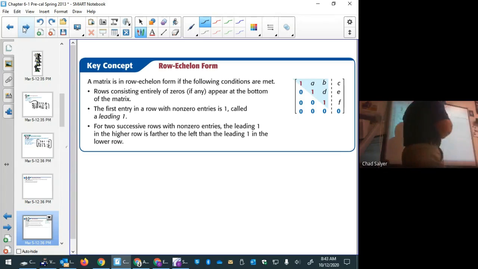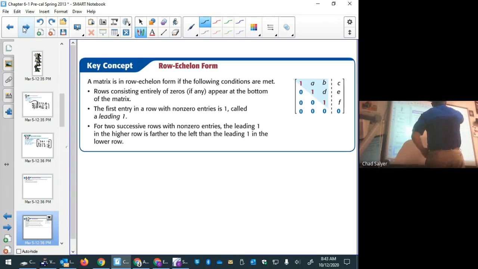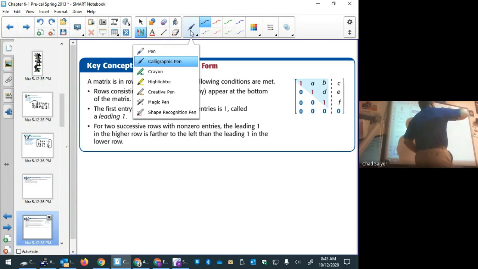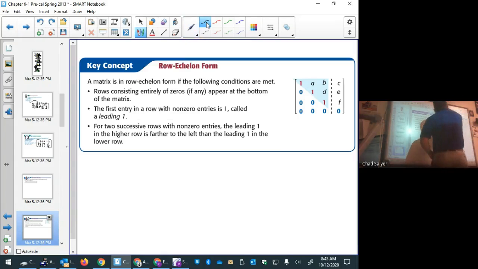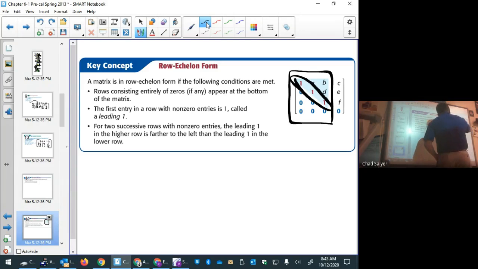So is the main diagonal always going to be? No, it's however many. Do you see how this is augmented? So this is what it's saying is in row echelon form. And it's the main diagonal from one edge to the other.